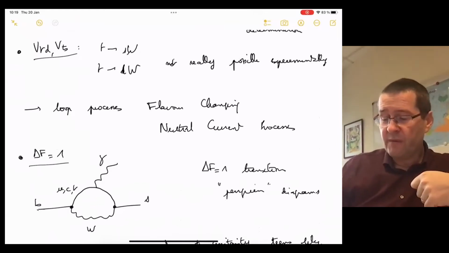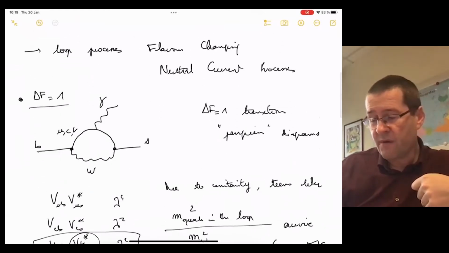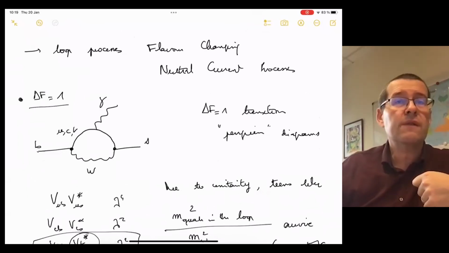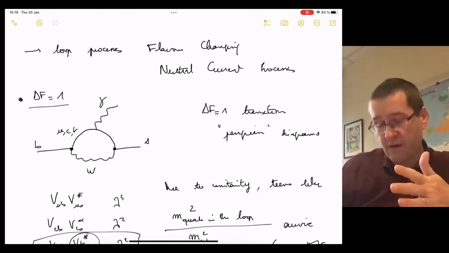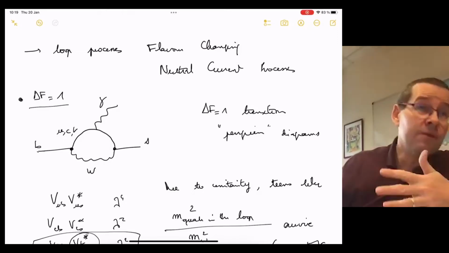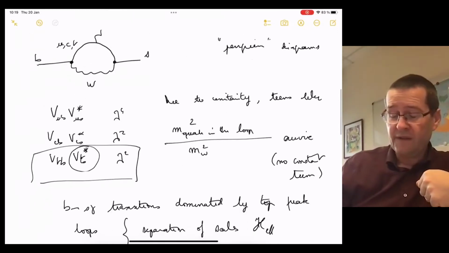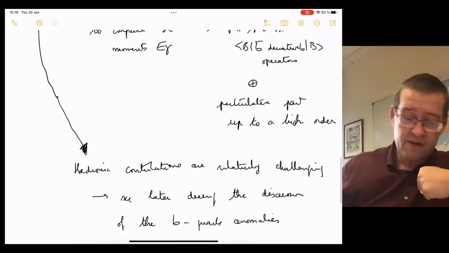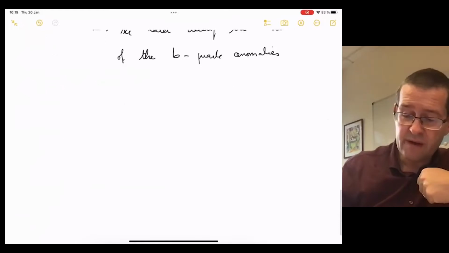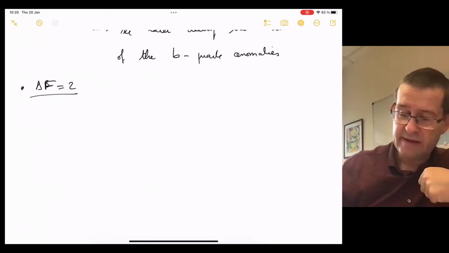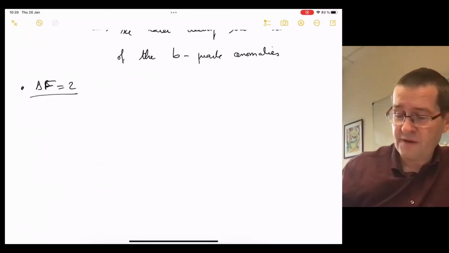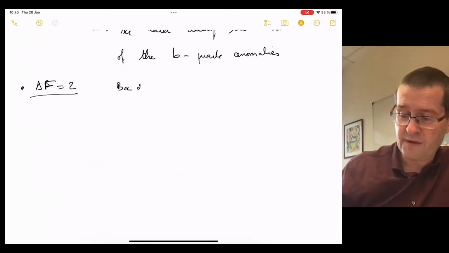You can consider other flavor changing neutral currents, which are transitions that change flavor not by 1 unit but by 2 units. Those are diagrams with delta B equal to 2, delta F equal to 2 in general, and typically these are so-called box diagrams.